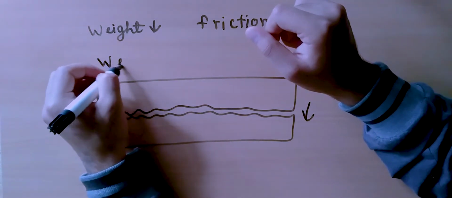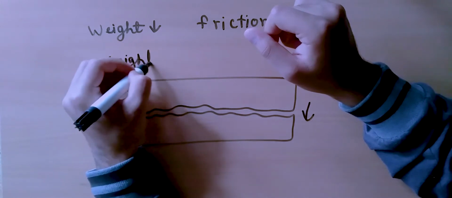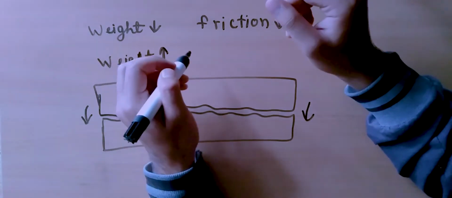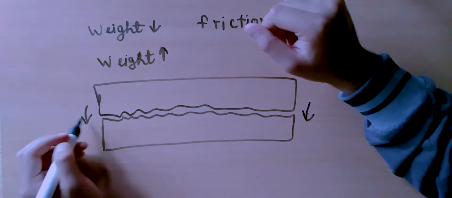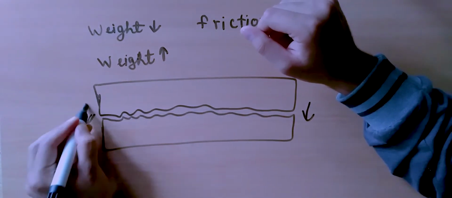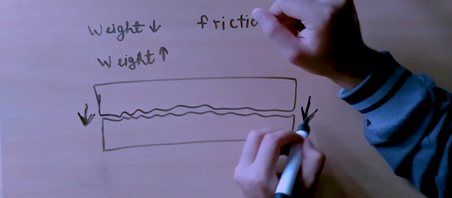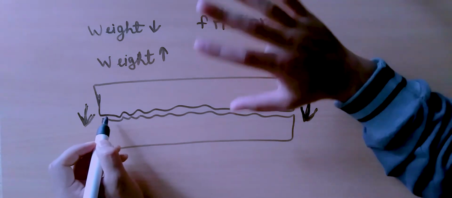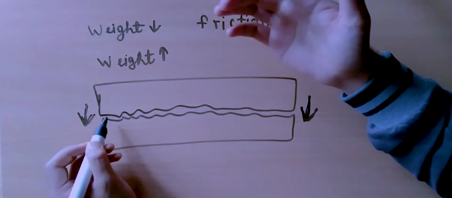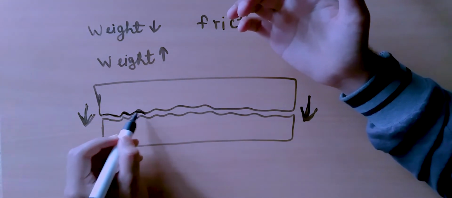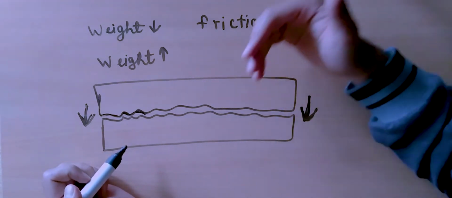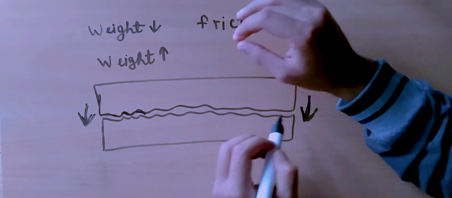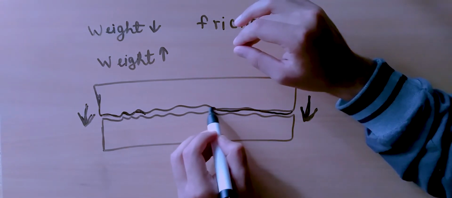Now what happens if the weight of the object is high? If you have a large weight of the object, then the force that is pushing the block downwards will be high, right? Because that is weight. And now even though the surfaces don't change, the amount of irregularities don't change, because this block is being pushed harder down into this second surface, the interlocking will become much tighter.